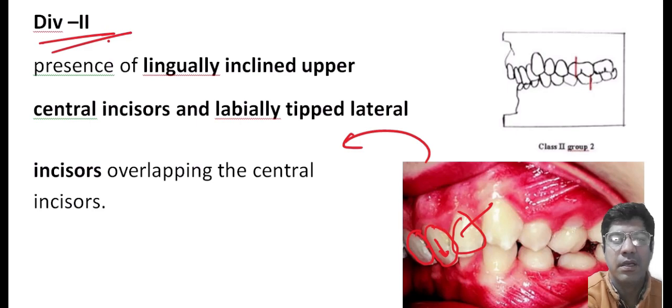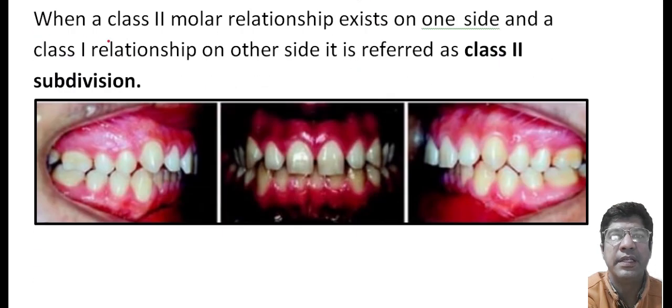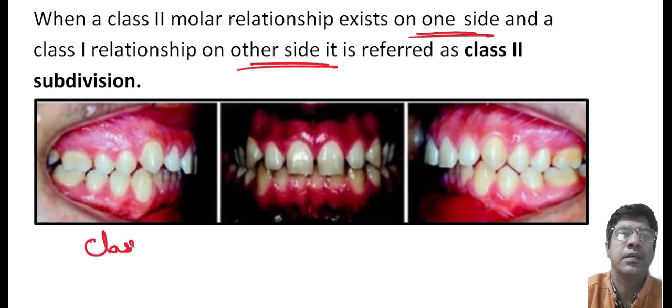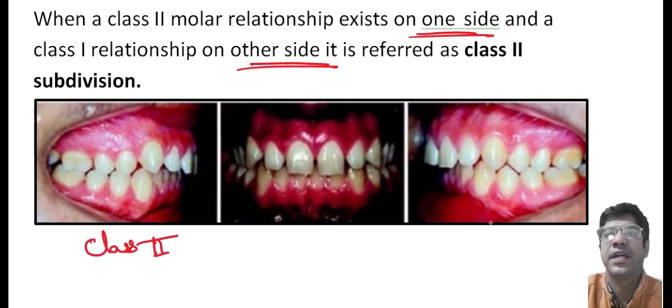And class 2 subdivision is when the class 2 molar relation occurs on one side and class 1 relation on the other side. So on one side you will see class 2 molar relation, and on the other side you will see class 1 relation.